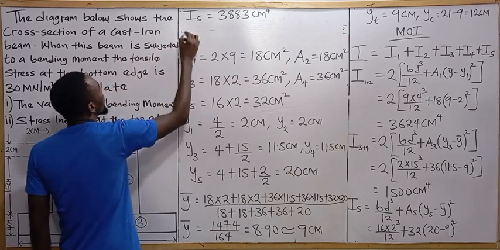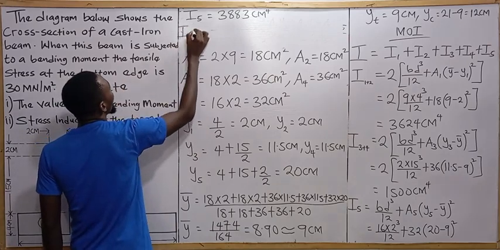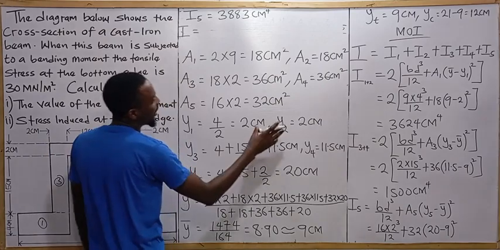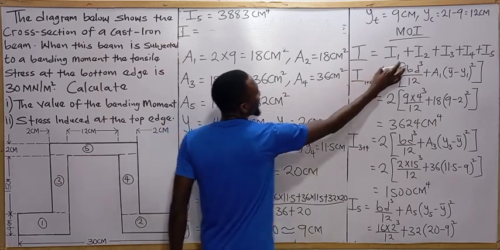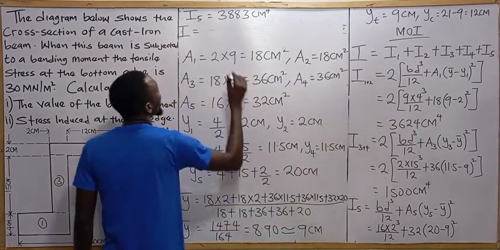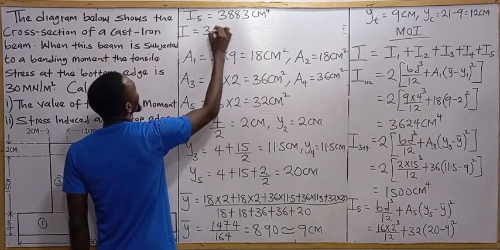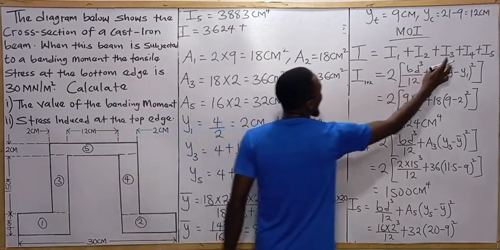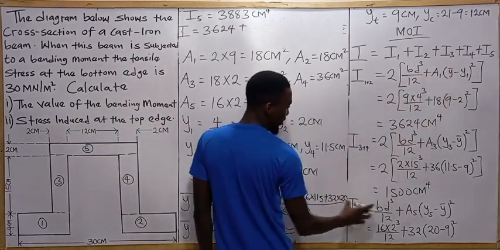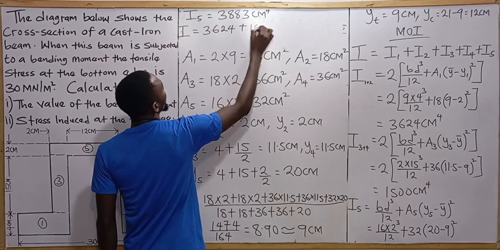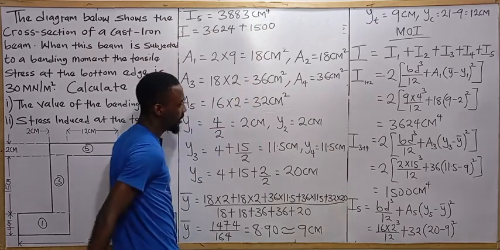All right. So now if we sum everything together, our I will be equals to I1 plus I2, which is nothing but 3,624, plus, if you sum I3 plus I4 together, I'm going to have this to be 1,500. All right.